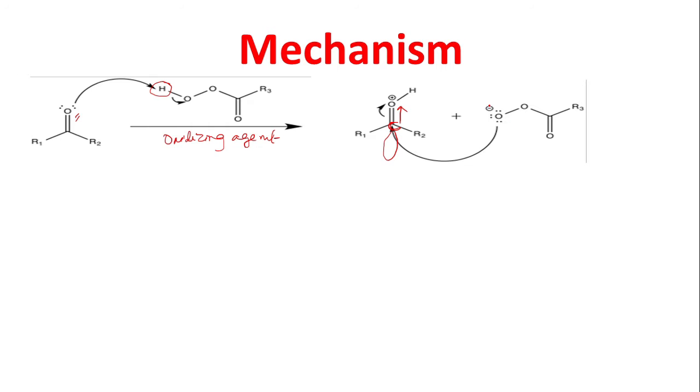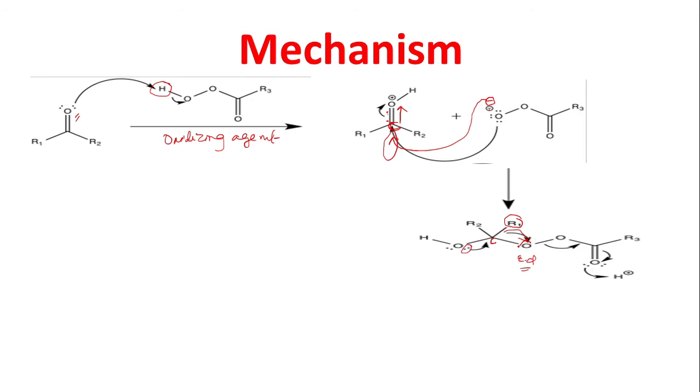Now from the peroxide, this oxygen has a negative charge, and this anionic part, which is electron rich, will attack the electron-deficient carbon center. After the attack of the oxygen, the electron present in this bond will move towards the oxygen, and in the next step this lone pair of oxygen will shift towards this carbon, and the bond to the alkyl or aryl group will move towards this oxygen, which is electron deficient.